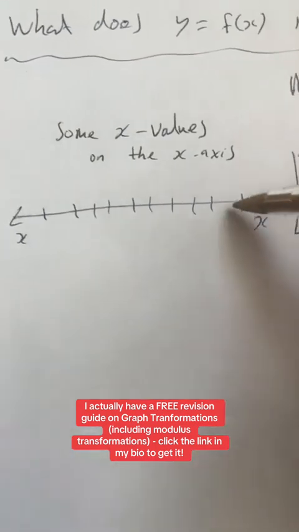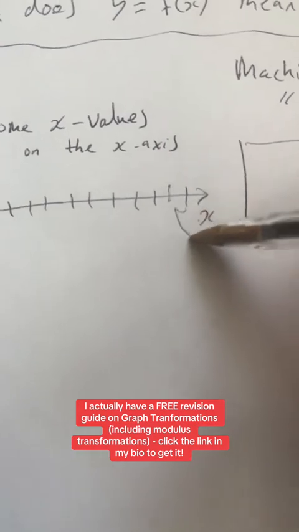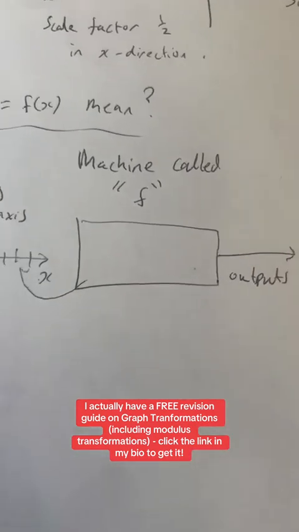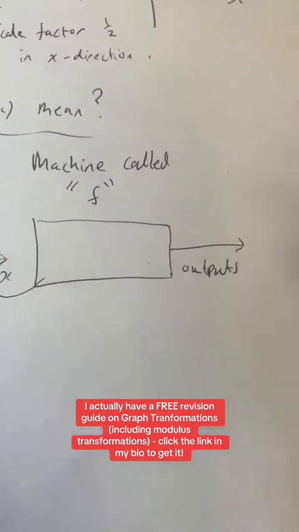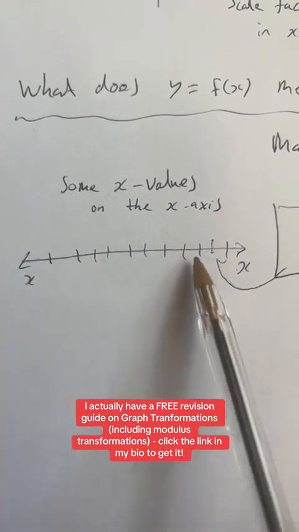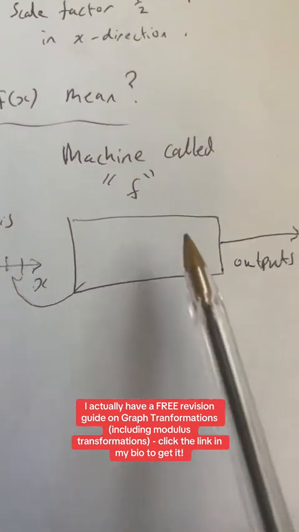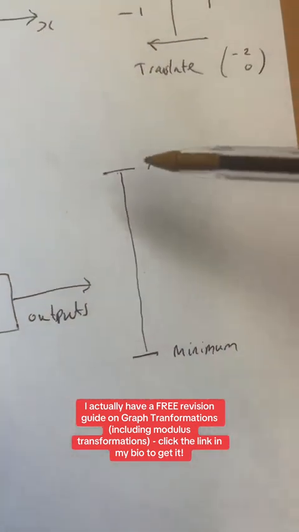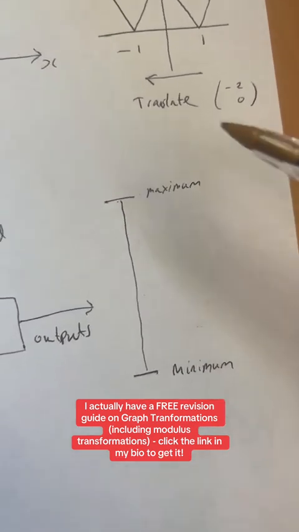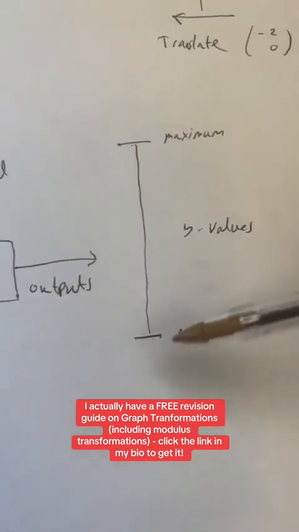So again, we take some random value like this one here, plug it inside the machine, and we get an output. Now, every machine or every function has a range of outputs. For a fixed set of x values, when you plug them into the machine, you get a set of outputs, the range, a minimum value and a maximum value. And these are our y values on the y-axis.